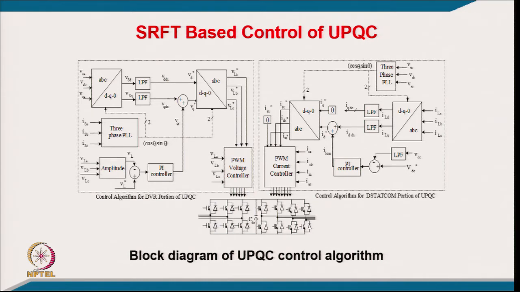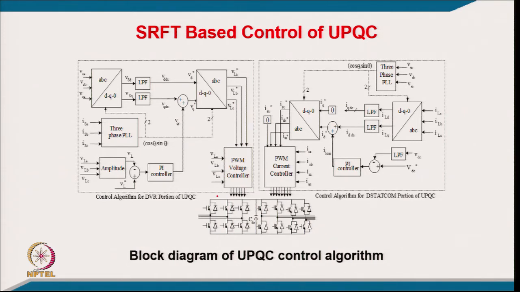Similarly, we have the voltage regulation here, which gives us the voltage component corresponding to the reactive power for voltage control. With cos theta and sin theta, we convert the V_d and V_q to the load voltage, that is the regulated voltage, and we have a feedback voltage. That gives the gating signal for the series compensator, or the DVR devices, which are part of the inverter.